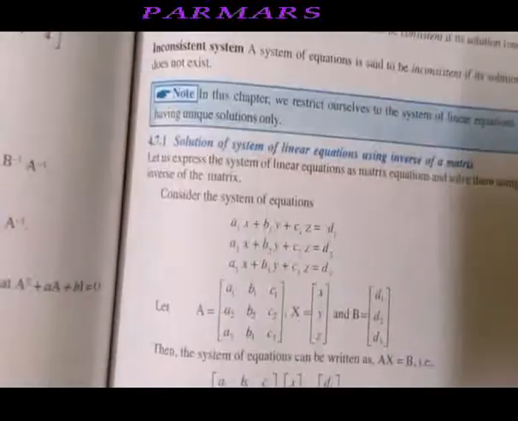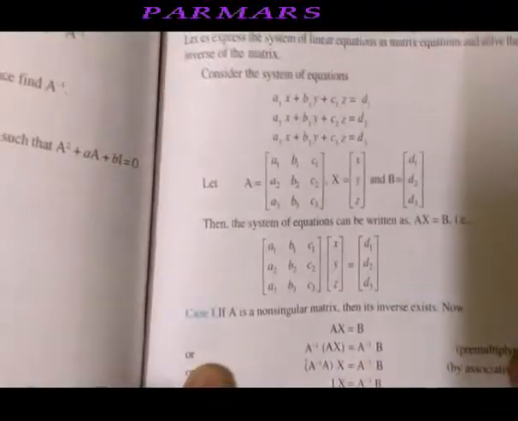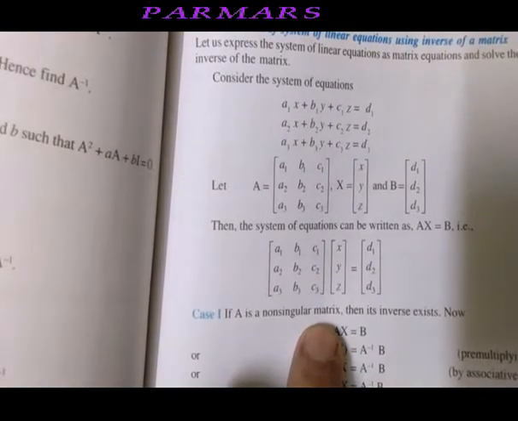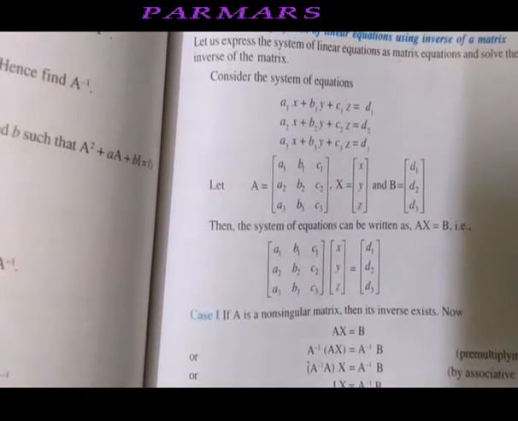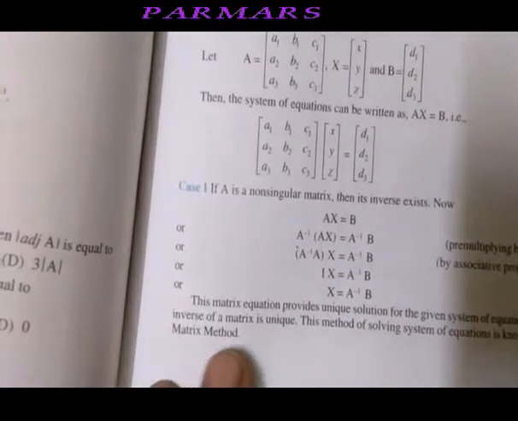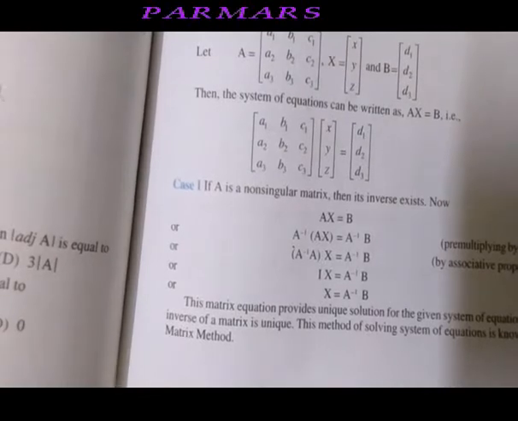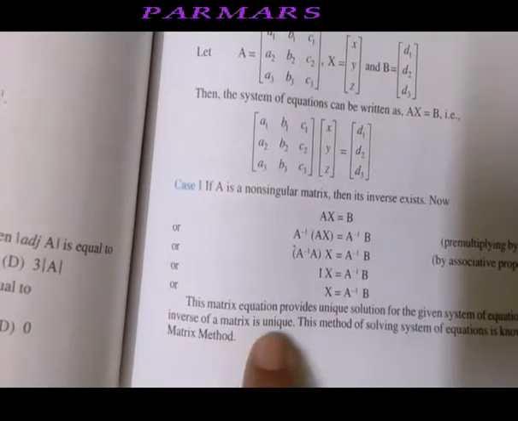Where is case 1? If A is a non-singular matrix, meaning the determinant A is not equal to 0, the solution is X equal to A inverse B, and this method of solving the system of equations is called the matrix method, and this solution is unique.